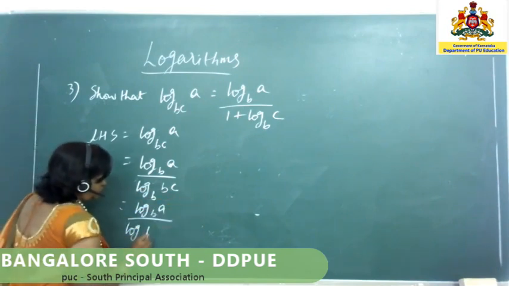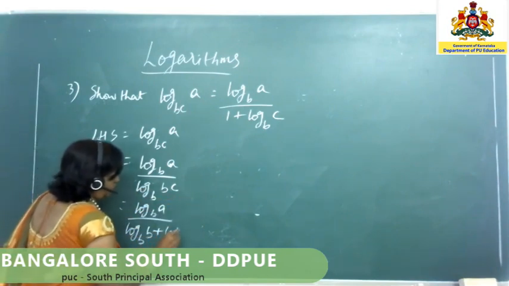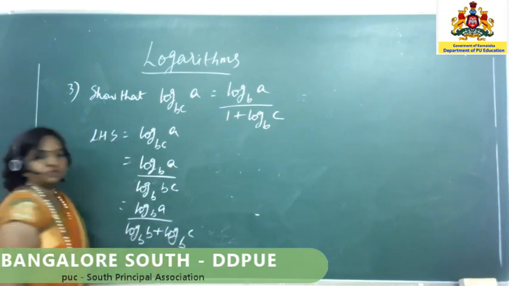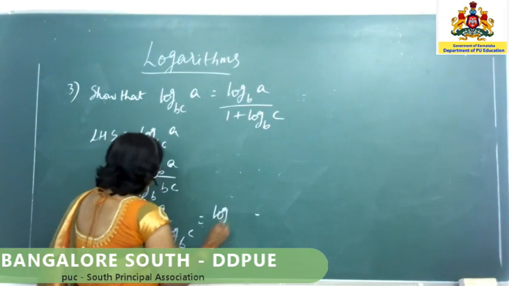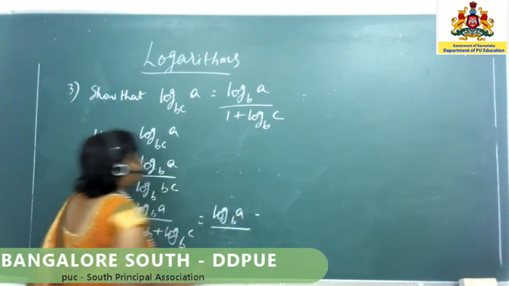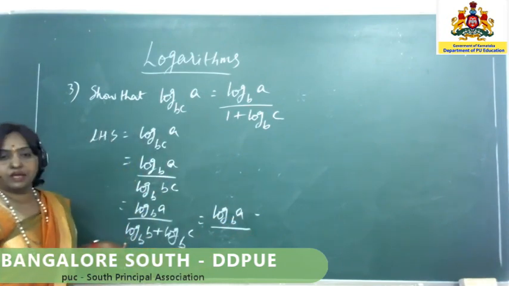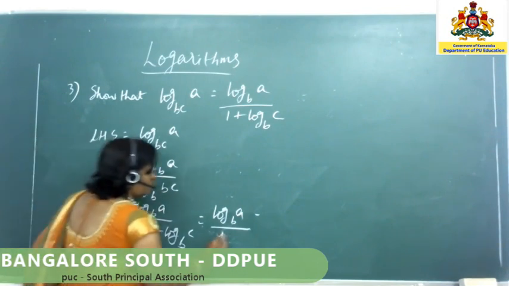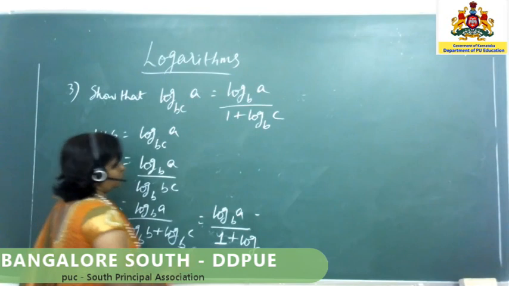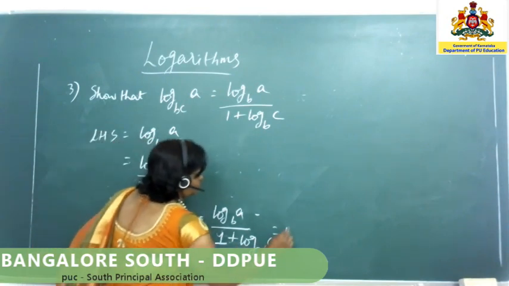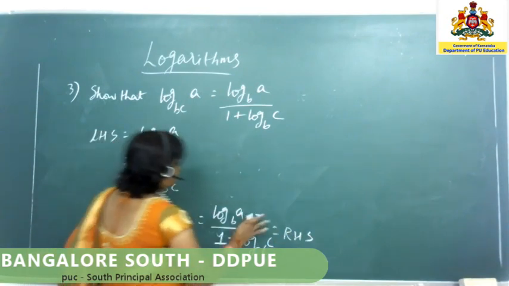So log b to base b plus log c to base b. So this is equal to log a to base b divided by log b to base b, that is equal to 1 plus log c to base b, that is equal to RHS.